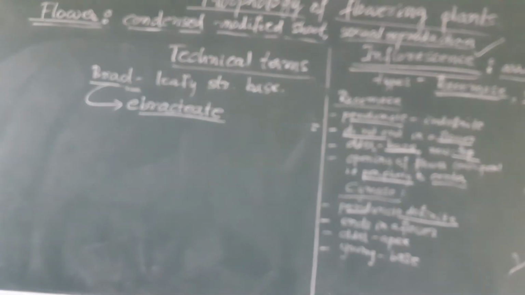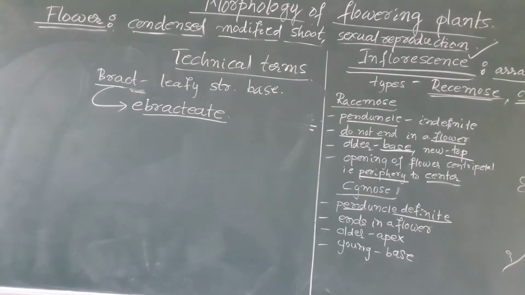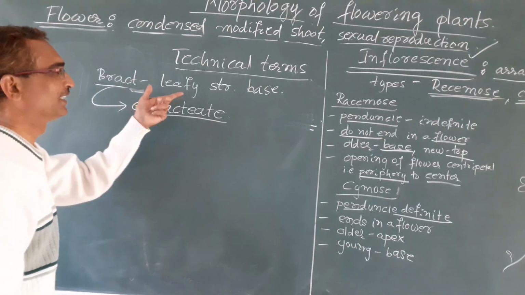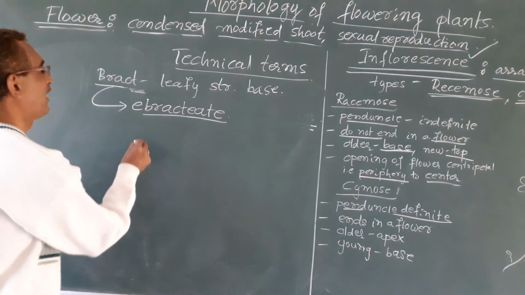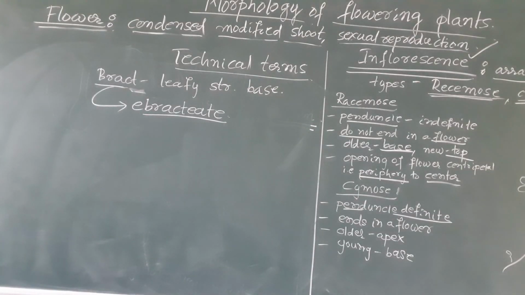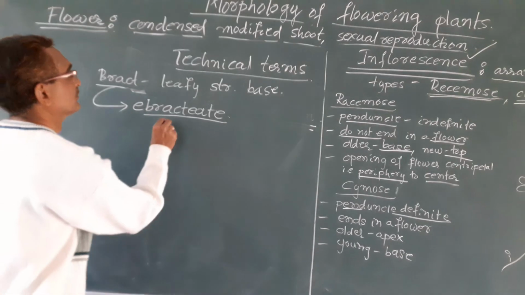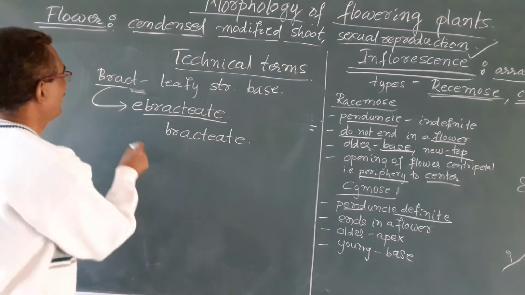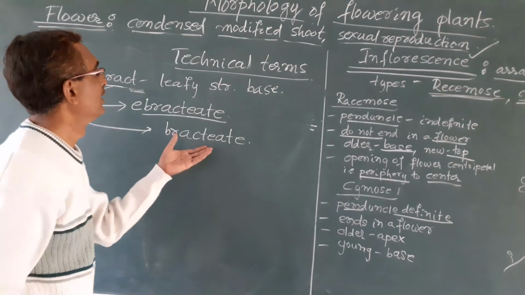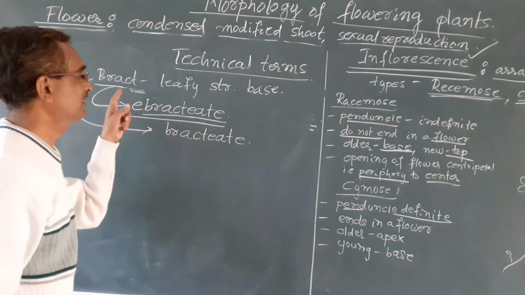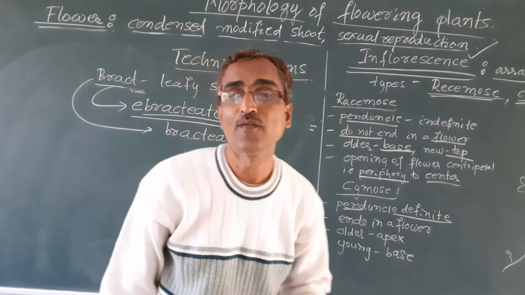And the flowers which are without bract, so based on this bract, a small leafy structure found at the base of the flower, we have bracteate flowers and ebracteate flowers. The flowers which have this bract are known as bracteate flowers, and the flowers which do not have this bract are known as ebracteate flowers.